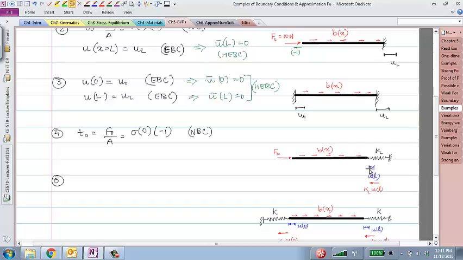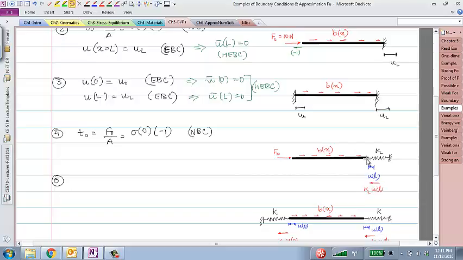And the way we find these things is, since we don't know the displacement at this point, we will choose the positive sense of displacement function u at L. Its positive sense would be moving to the right. If this end moves to the right, then the spring gets compressed, correct? If the spring gets compressed, it will push back with a force of KL times UL, correct?